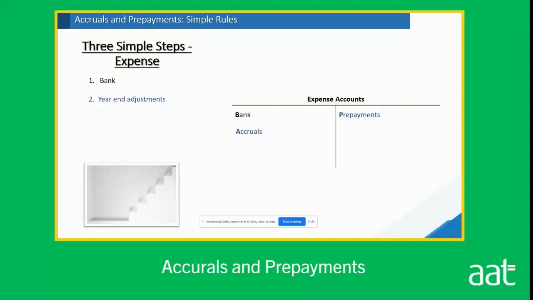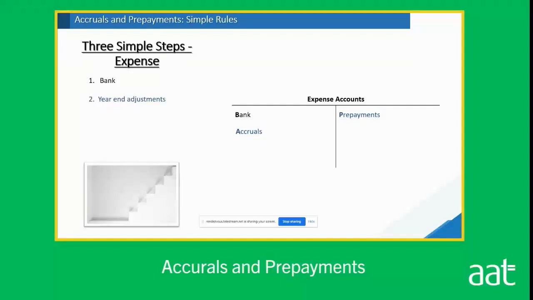So step 2 is your year-end adjustment. Understanding whether it's an accrual or prepayment can be a challenge. Understanding if costs are missing, if they are, we accrue. If they've been paid in advance, we'll prepay. And then deciphering how many months should be accrued or prepaid. And we saw earlier in the presentation that little calendar view which mapped out the reporting period, made a comparison to the invoice period, and hopefully that will give us some sort of structure when dealing with that aspect.